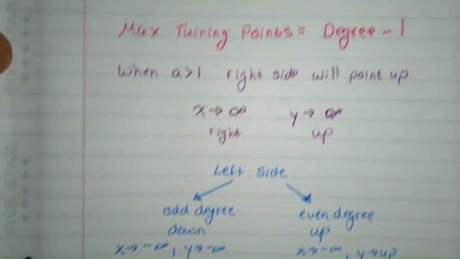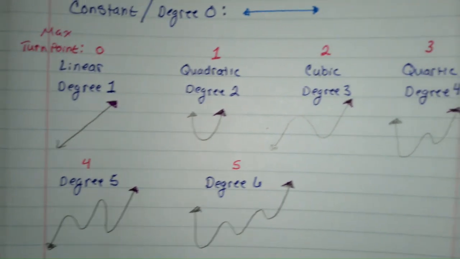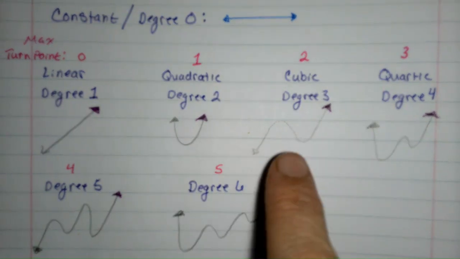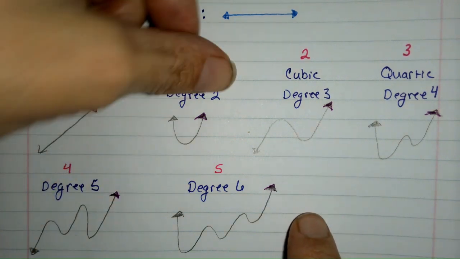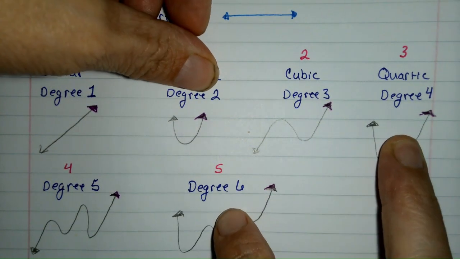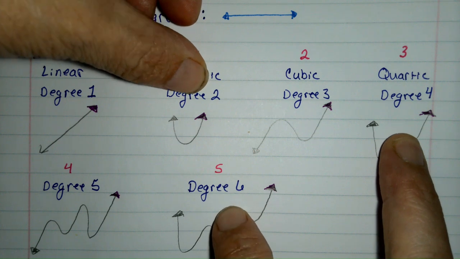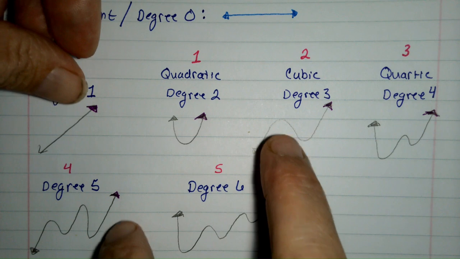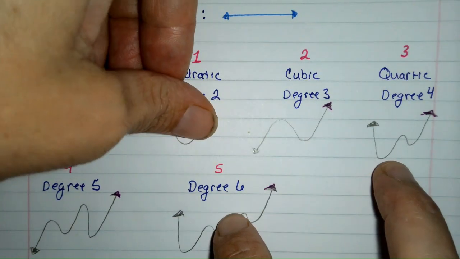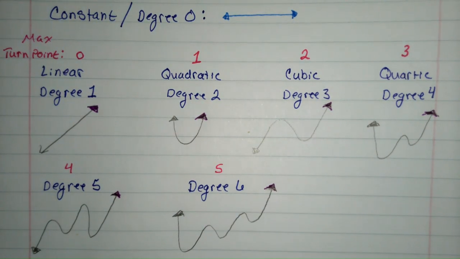But here's the big deal. If we have an even degree, 2, 4, 6, the arrows match. When we have an odd degree, they're opposites. So even, they match; odd, they're opposites.